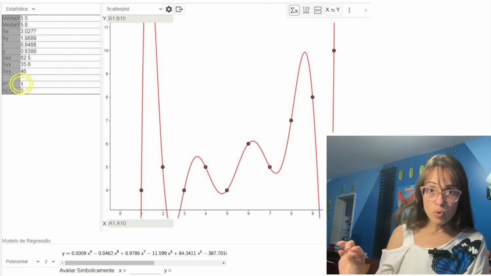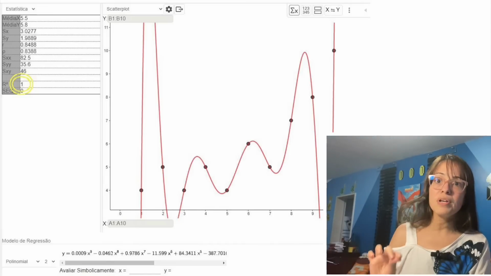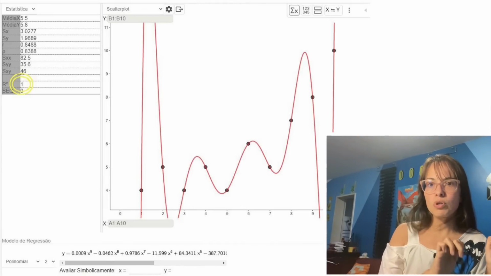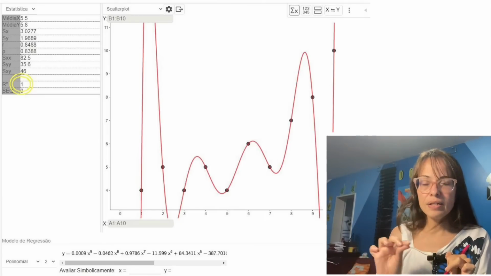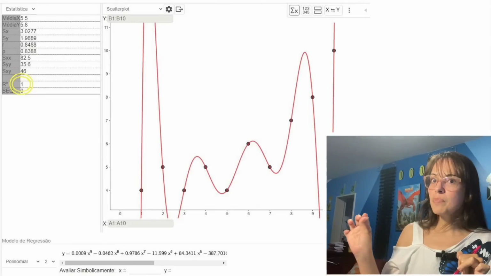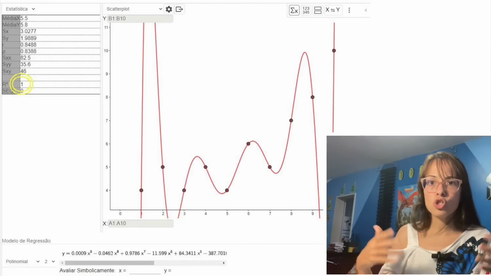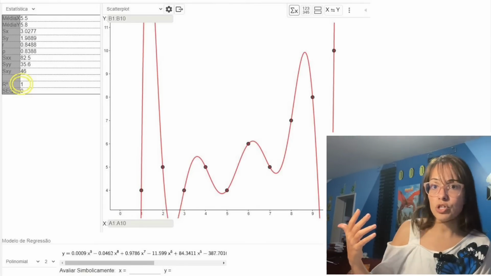If you have n points, you can always perfectly fit a polynomial of degree n minus 1 that's going to go exactly through those points. That is an exercise in solving a system of linear equations.